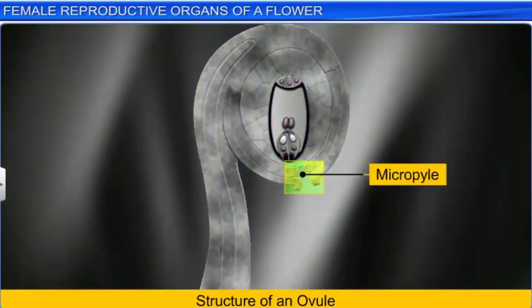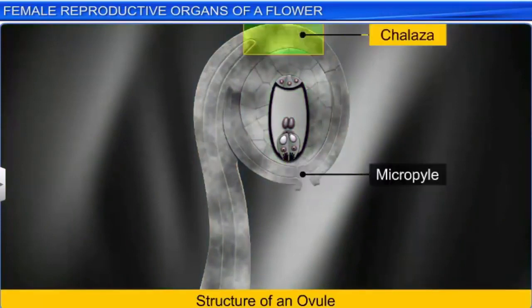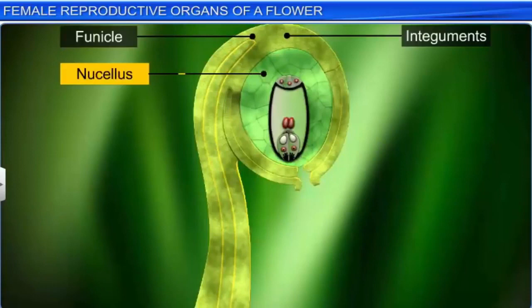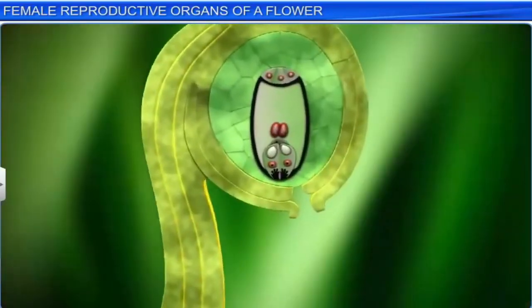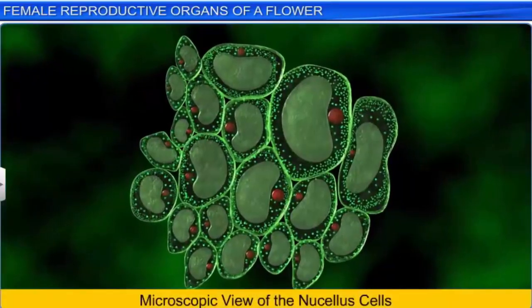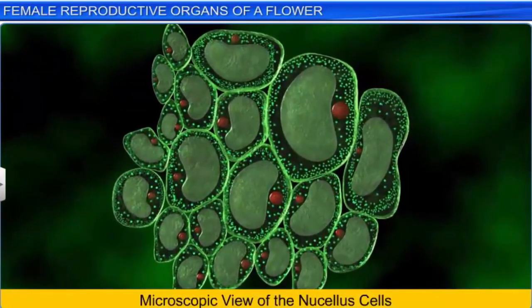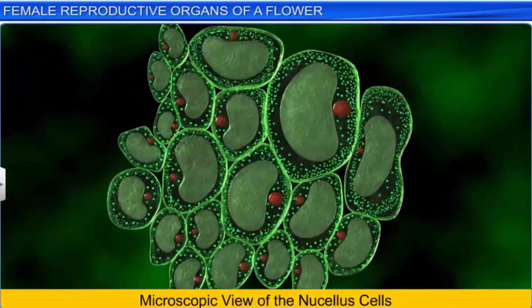While the micropyle forms one end of the ovule, the chalaza forms the basal part of the ovule. At the chalazal region, we find that the funicle and integuments join the nucellus, the center region of the ovule that's made of a mass of diploid, colorless, thin-walled, parenchymatous cells containing food reserve materials.